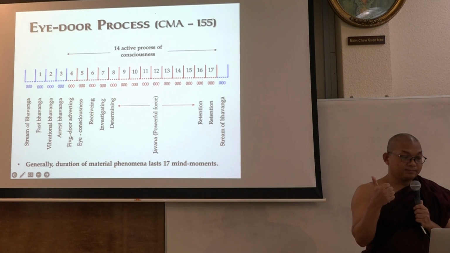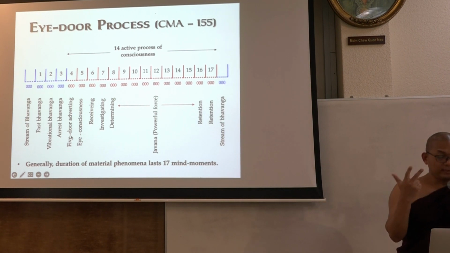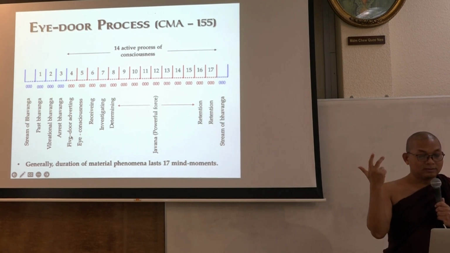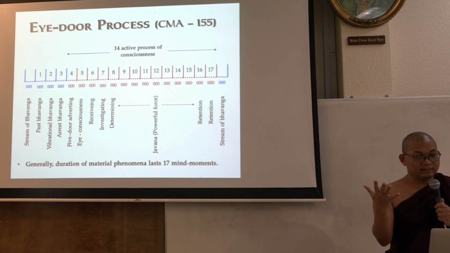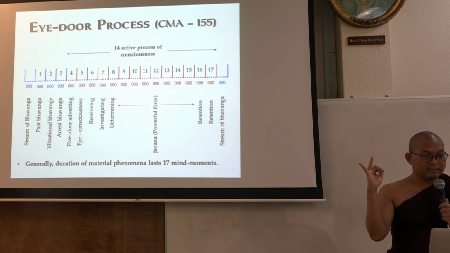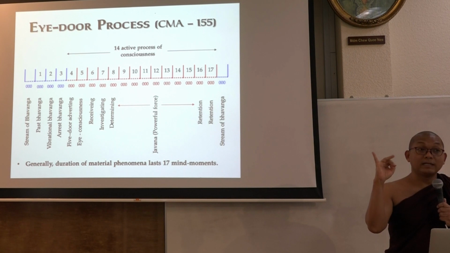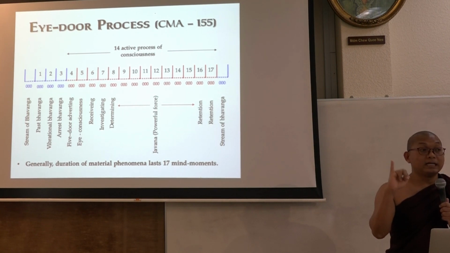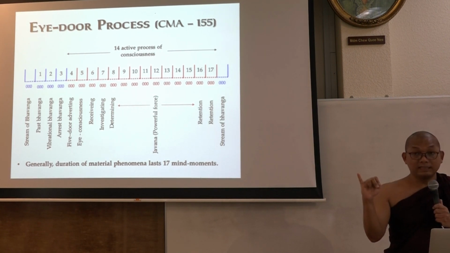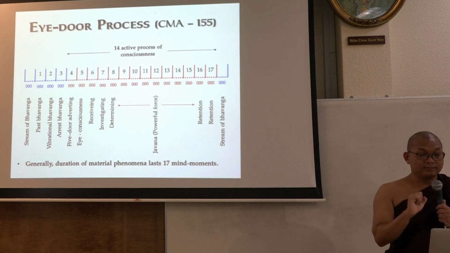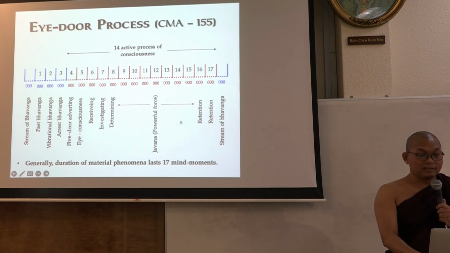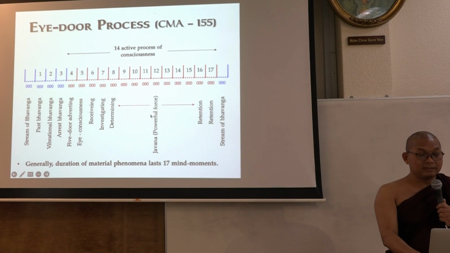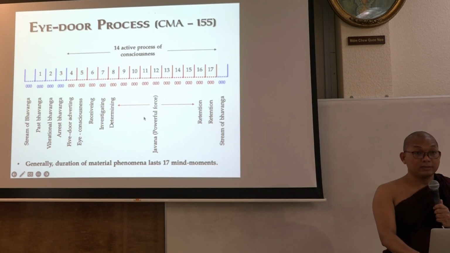Five-door adverting 1, 2 types of eye consciousness, 2 types of receiving consciousness, 3 types of investigating consciousness, 1 determining, which means mind or adverting, altogether 9. Then you will have another smile producing consciousness, right? Altogether 10.